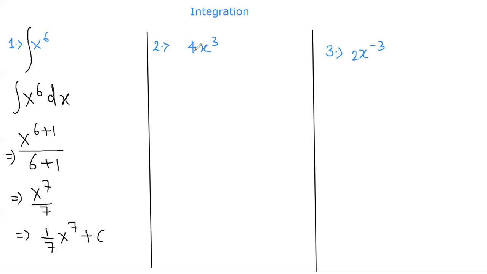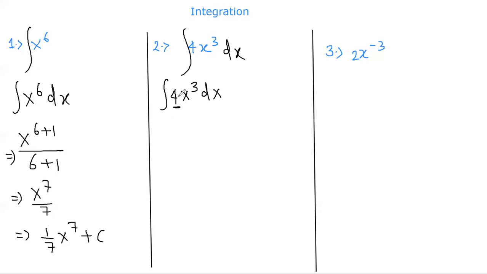Now the next question is the integration of 4x cube dx. How can we do it? First of all, we can see this 4 is a constant and the variable is x cube.